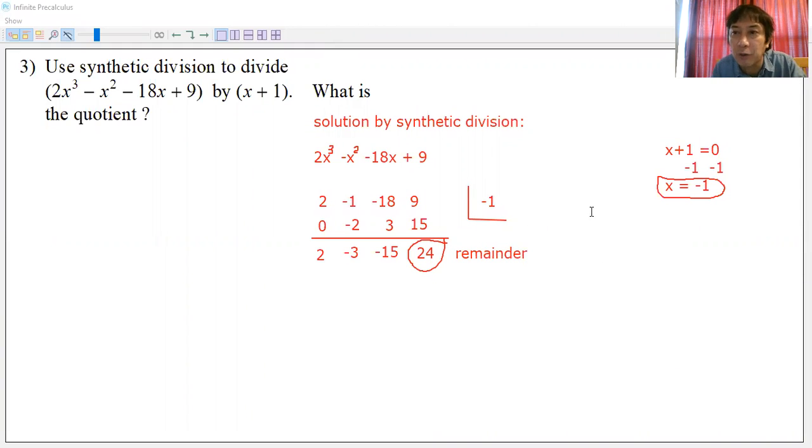Now you can set your quotient. It will be starting with the x squared, because your dividend is x cubed. The highest degree is cube, so the result will start from squared.